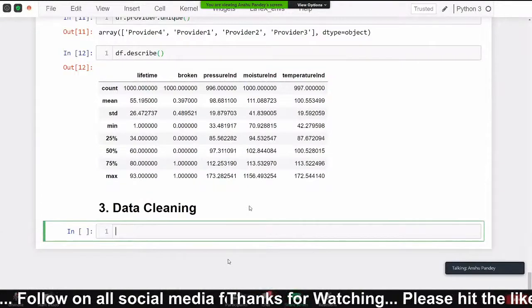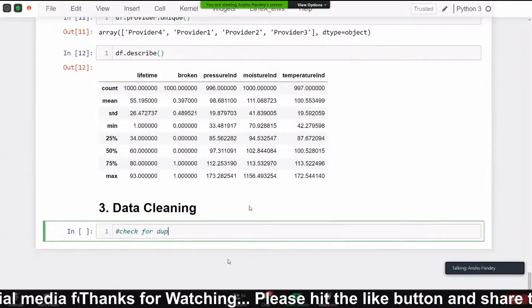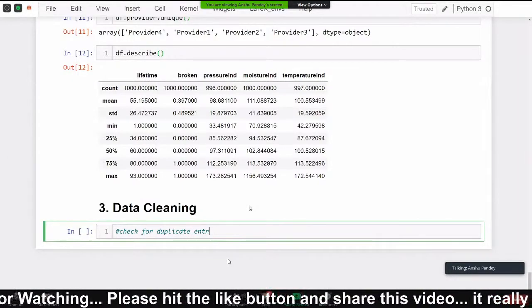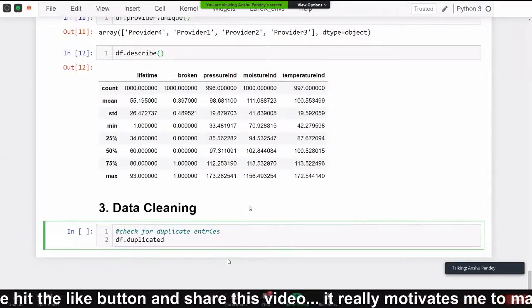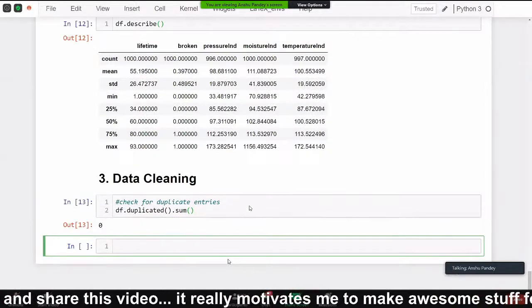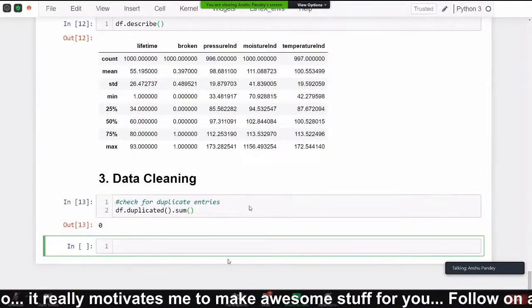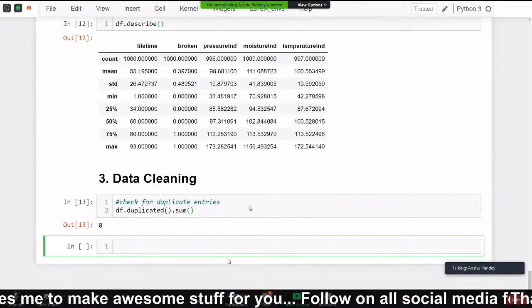First we'll check for duplicate entries. Do we have any duplicate entries? For that we'll say df.duplicated().sum(). So we do not have any duplicate rows in the data. That means no whole row is duplicated, meaning the lifetime, temperature, pressure, broken status, team, manufacturer, everything is the same.